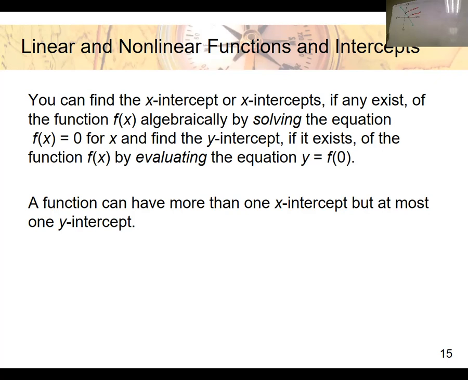And then for the y-intercept, if that exists, we just evaluate the equation y equal f of 0. In other words, we substitute 0 in for x and find out what y is. Now, a function can have more than one x-intercept, but no more than one y-intercept. Okay.